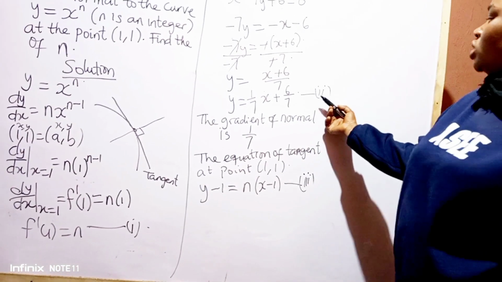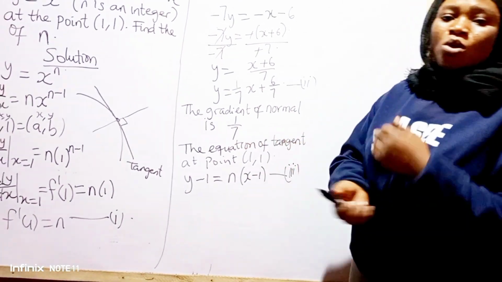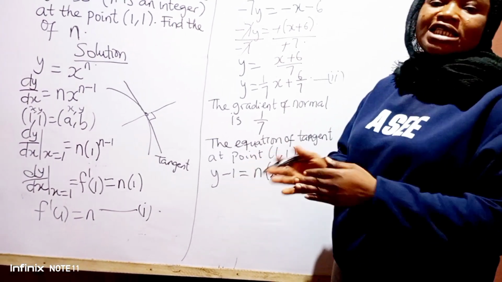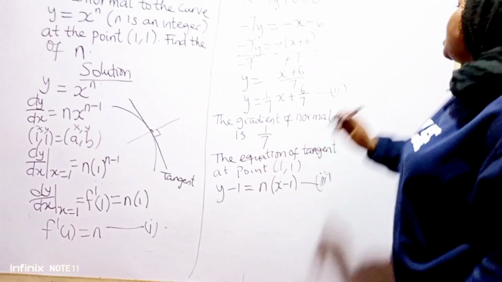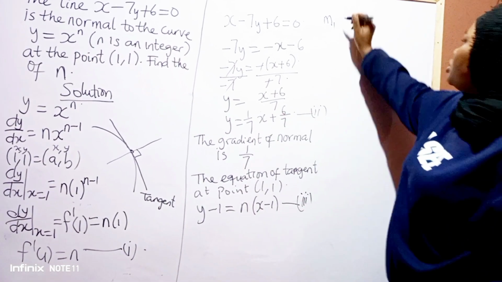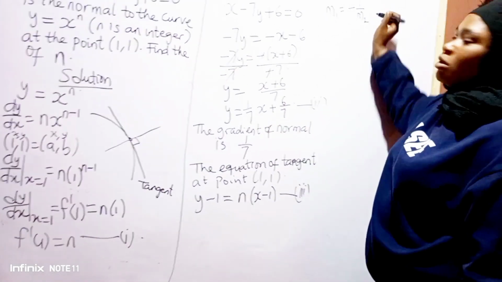So from equation 3, since the gradient of the normal is 1 over 7, and we know that when two lines are perpendicular to each other, the gradient of the tangent will be equal to minus 1 over the gradient of the normal.